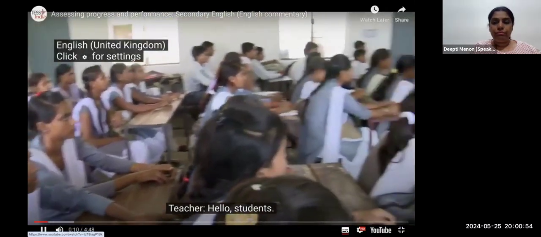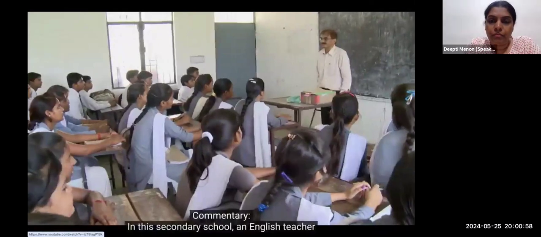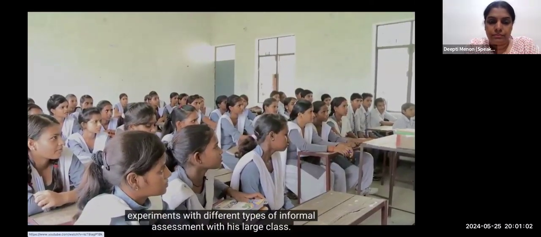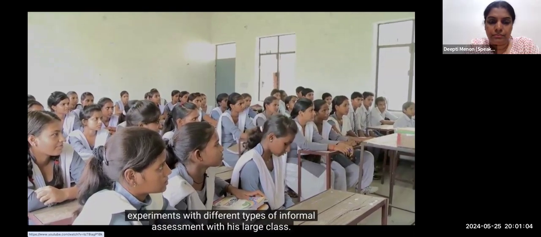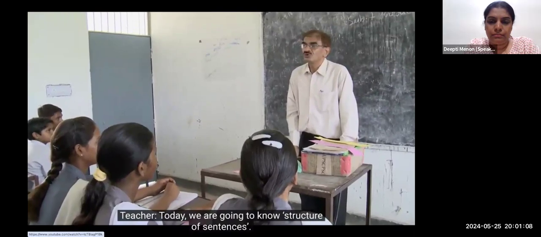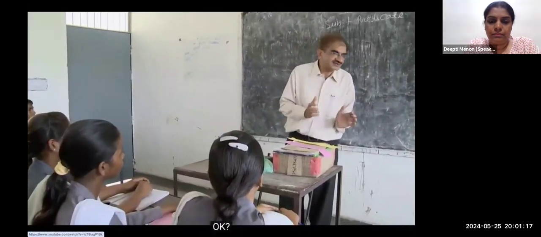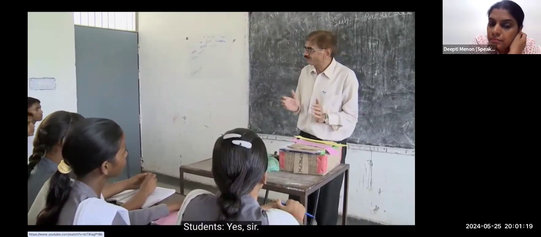Hello students. Good afternoon. In this secondary school, an English teacher experiments with different types of informal assessment with his large class. Today we are going to know the structure of a sentence, and direct and indirect objects. Okay? Understand?